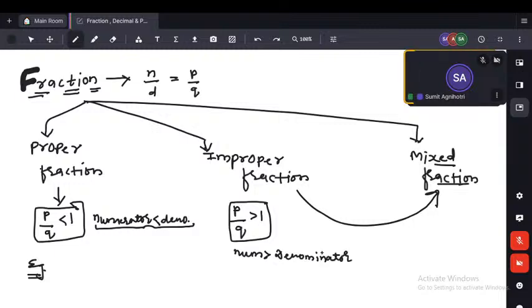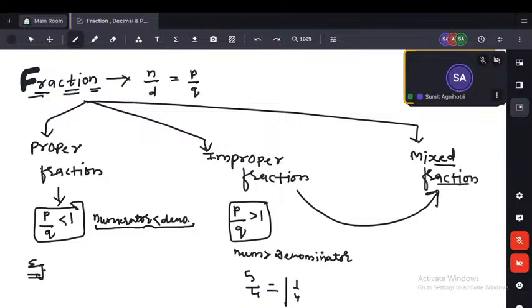Now I think you can tell me some examples. An example would be 5/4. It would be more than 1. It would be 1 and 1/4. Exactly, you can have a value like 1 over 4.